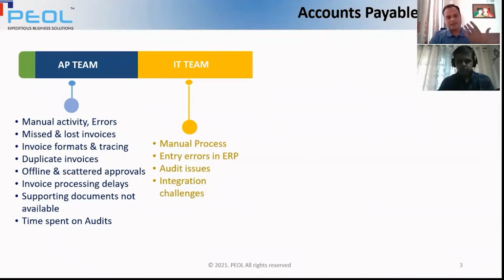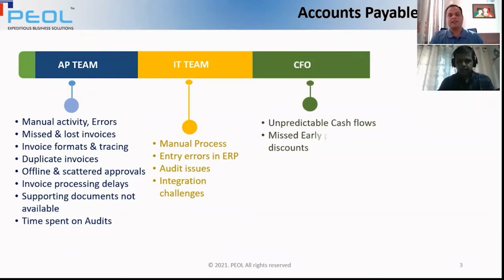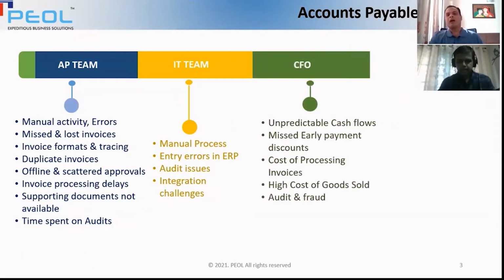Likewise, the other user group, in this case the CFO's team, will also have a lot of challenges as far as accounts payable goes. One of them, as I said, may not be applicable for all industries, is the missed early payment discounts. Depending on industries, the volume of spend, and the size of the vendor you are dealing with, many times there is an early payment discount.